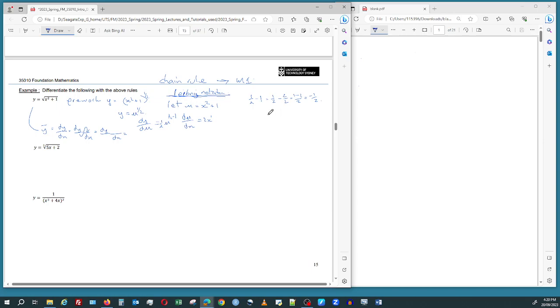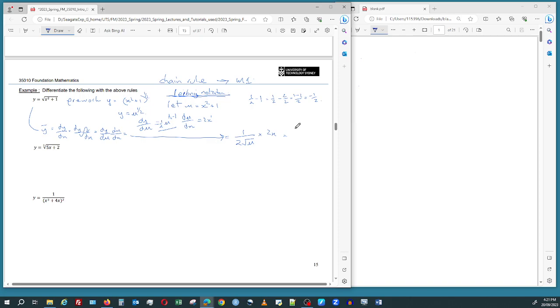Now, we want to put this together as a chain rule. So we're going through to u. dy dx through to u. So the first dy du is this one. So it's 1 over 2 the square root of u times 2x.